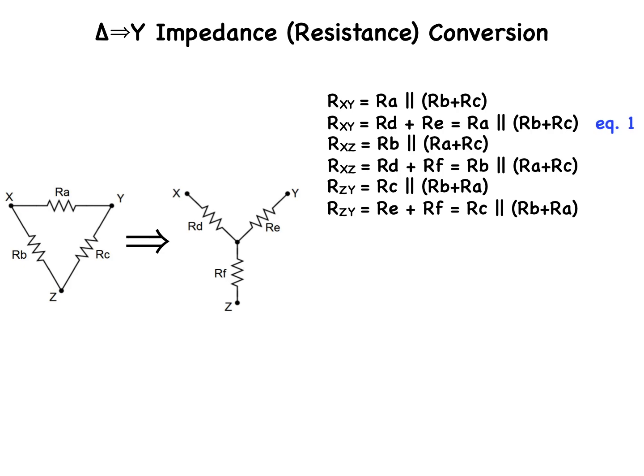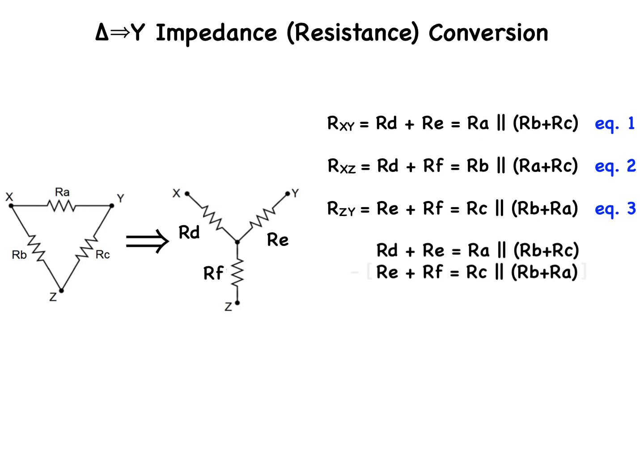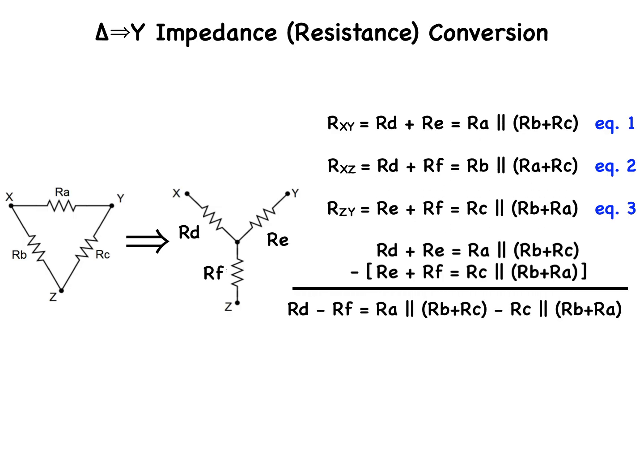Note that we have three equations now and three unknowns, RD, RE, and RF. We know RA, RB, and RC. Thus we can solve these three equations, using a term of elimination process.